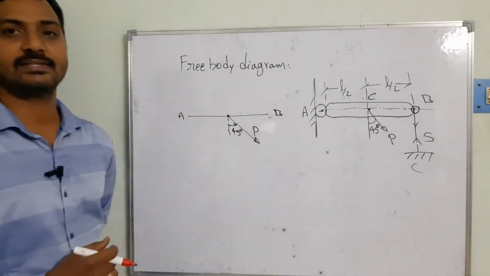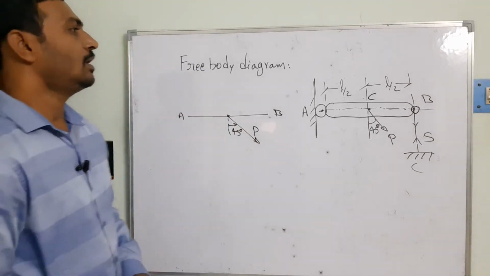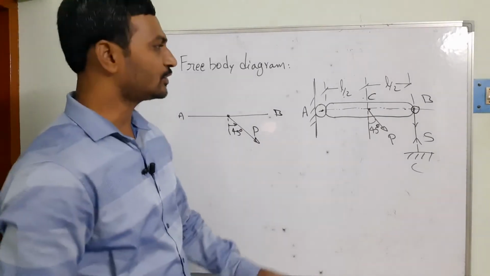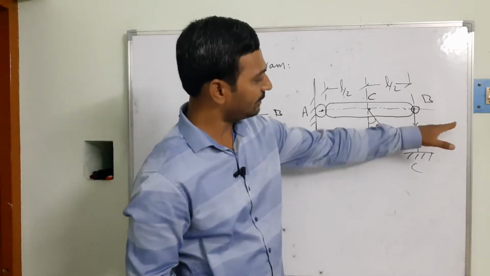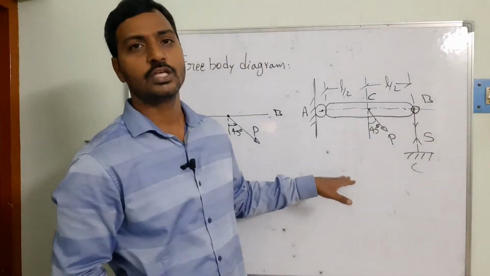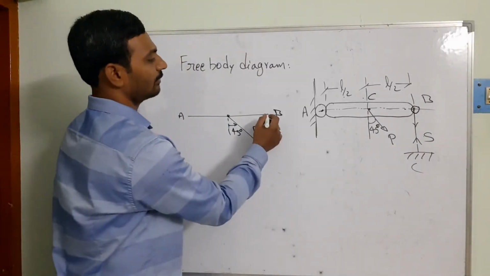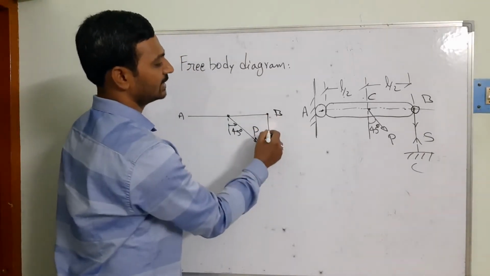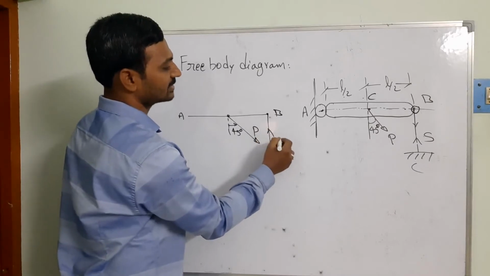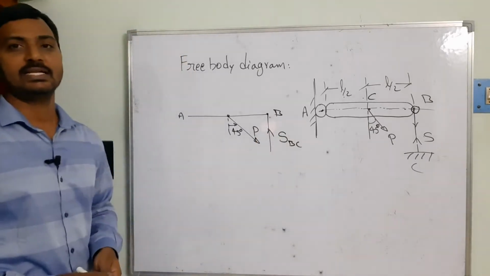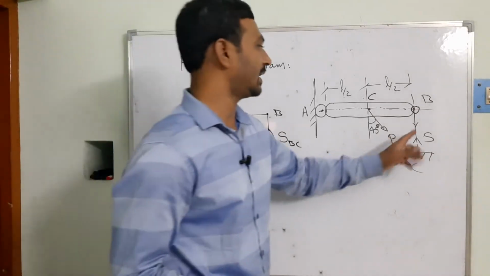Now at the same time what we did, we removed all the supports. Can you see the point I am removing, that means I am making a cut over here. So then internal forces will become external forces. There I am showing the reaction force at this point. So I am taking here the reaction, that's going to be your S, BC. That is the force developed in the vertical bar.